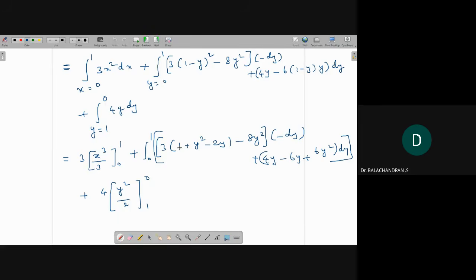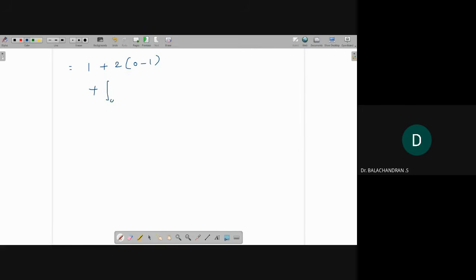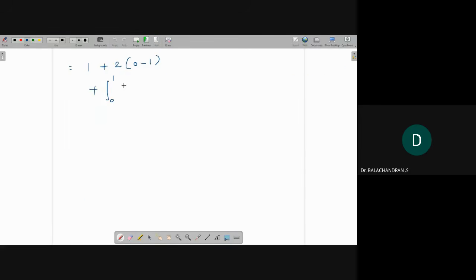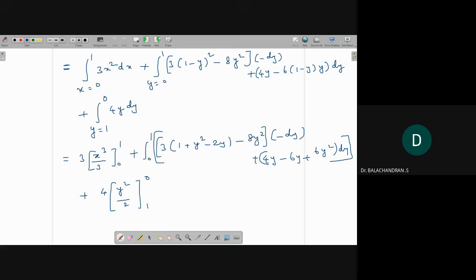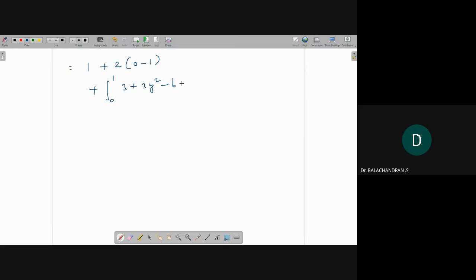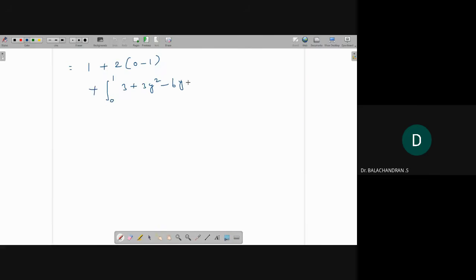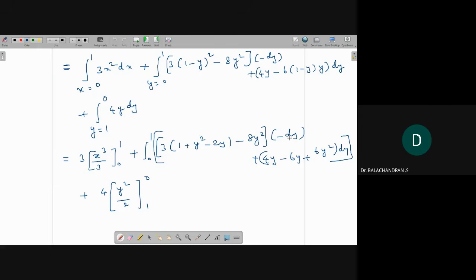So 3 plus 3y square minus 6y minus 8y square, into minus dy.